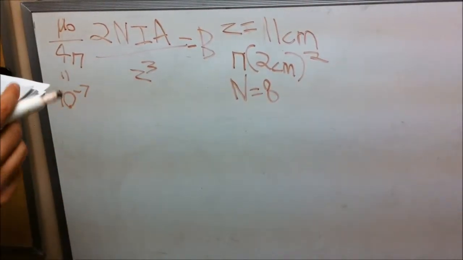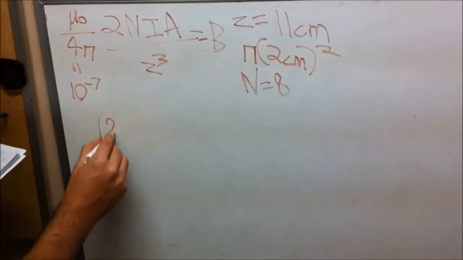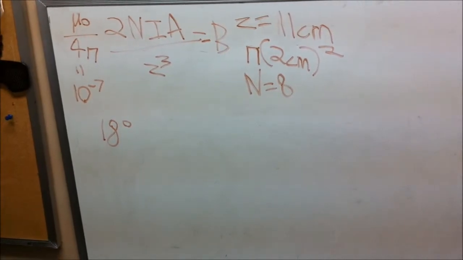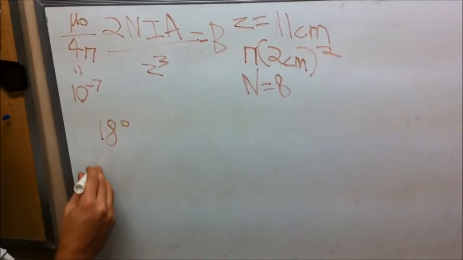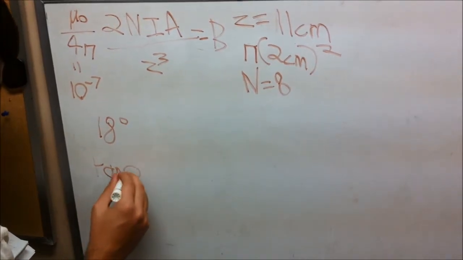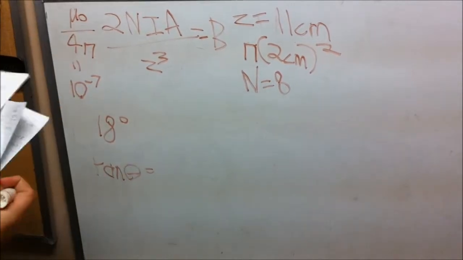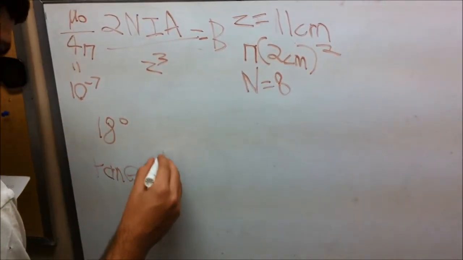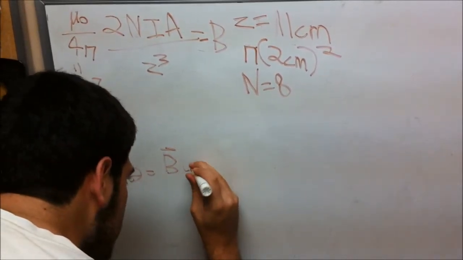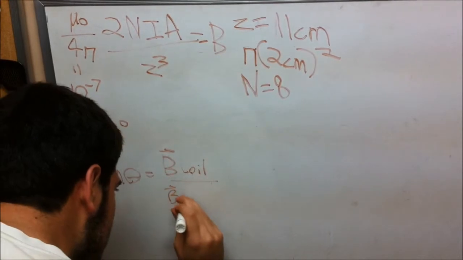Now, if we remember from the compass, it was pointing 18 degrees to the east. The formula by which we can find the magnetic field through that is that tangent of theta equals B, the magnetic field of the coil, over the magnetic field of the Earth.